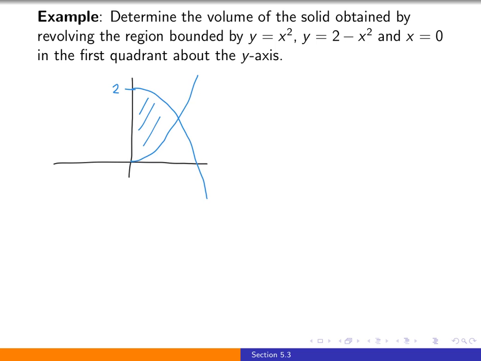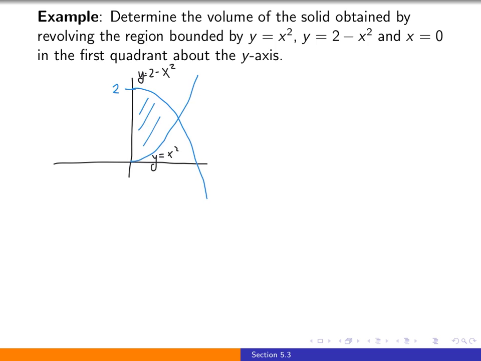So once again, the parabola opening upward is y equals x squared, and the parabola opening downward is y equals 2 minus x squared. And we would like to find the volume of the solid obtained when we take this region and we rotate it about the y-axis.